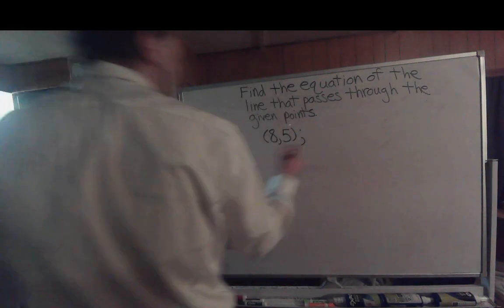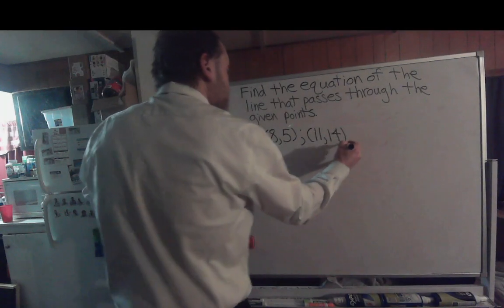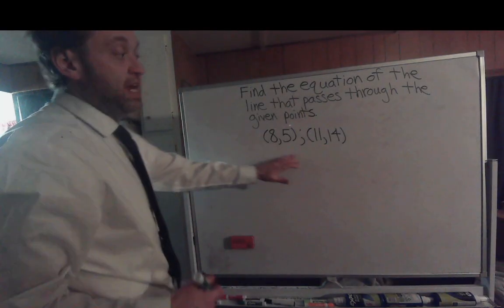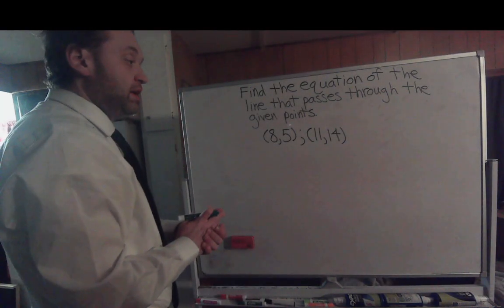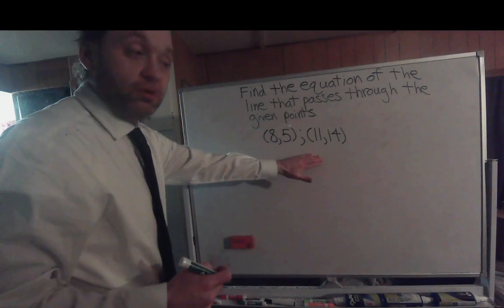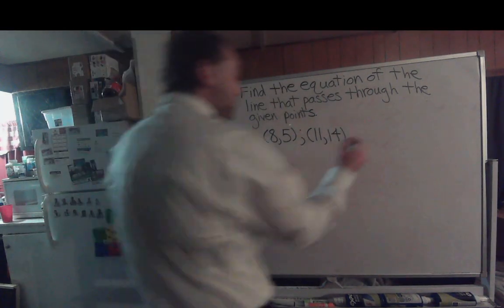Your second point is going to be the coordinate 11, 14. So we need to find the equation of the line that passes through the points 8, 5 and 11, 14. First and foremost, in this situation, if you're just given 2 points, do yourself a favor, find your slope. Let me work that out on the side.